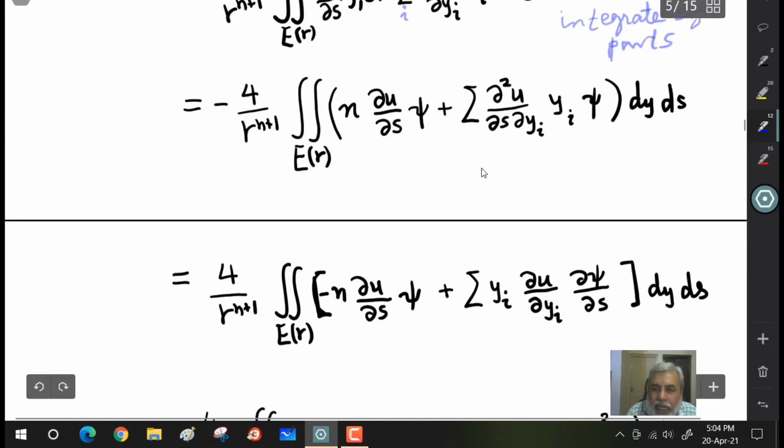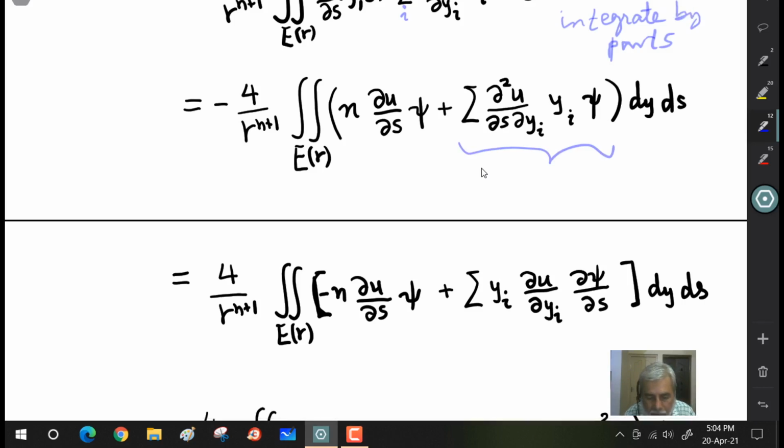And now in the second term, so here with respect to y variable, and now again integrate by parts.